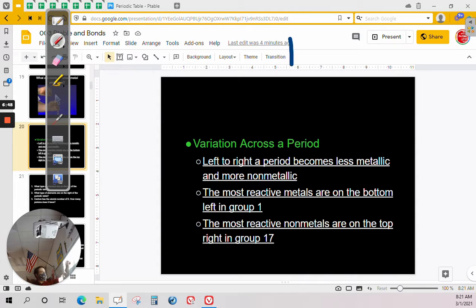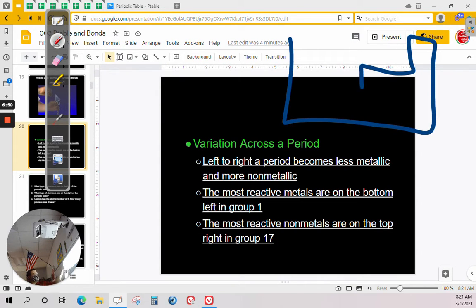Alright, so if we have a periodic table, from left to right across the period becomes less metallic. So, what do we have on the left side of the periodic table? Well, it says left to right, we become less metallic.